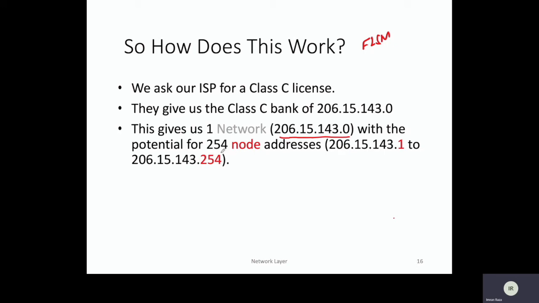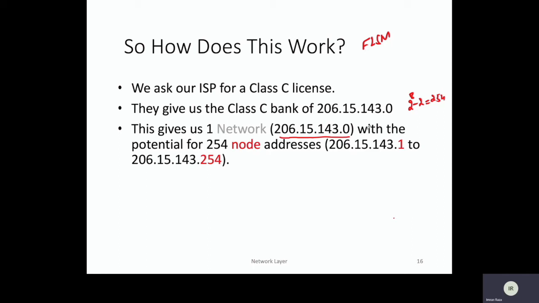Yes, 254. How? 2 raised to the power of the number of bits in the host portion. How many bits are there in the host portion? Yes, you're right, 8. So 2 to the power 8 minus 2, which means 254, right?